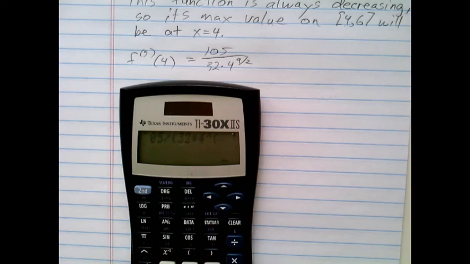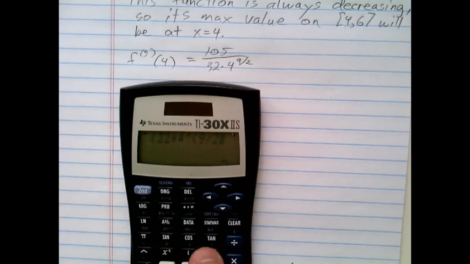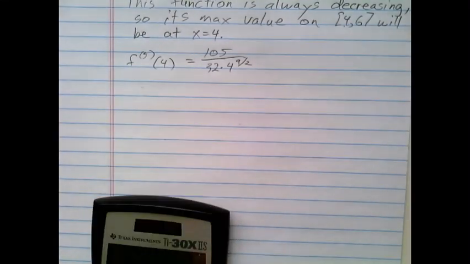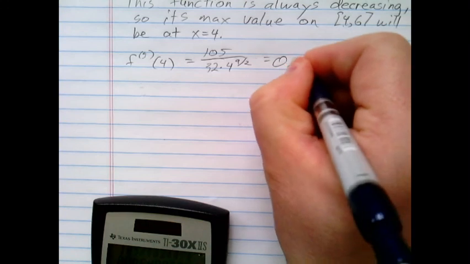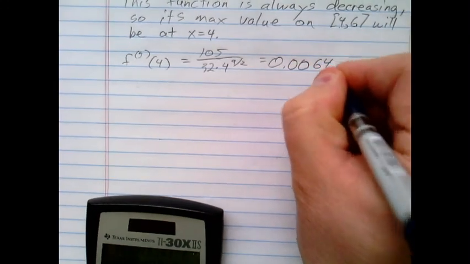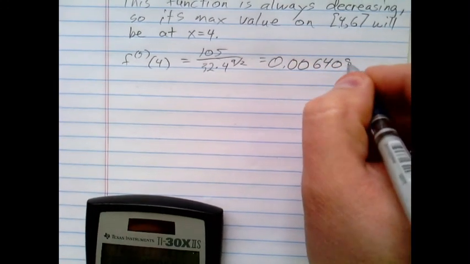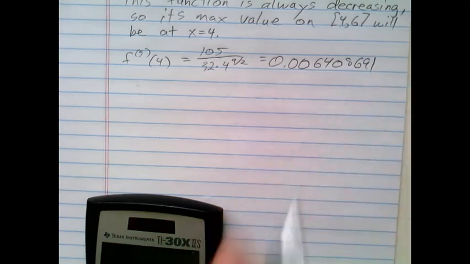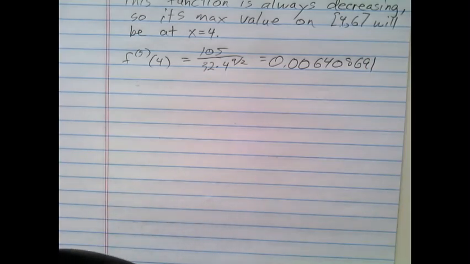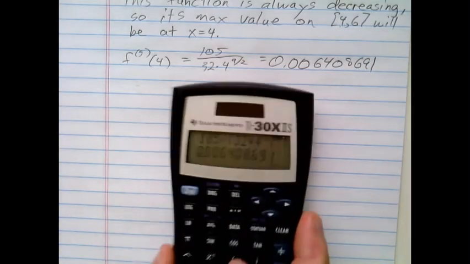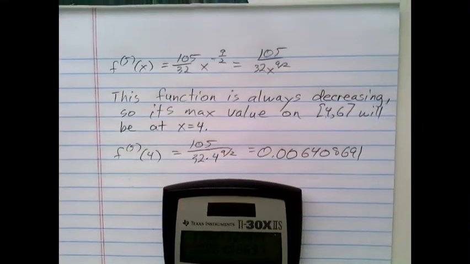I've got to put that whole denominator in parentheses, and the power in its own little set of parentheses. So close the power, close the denominator, and that is 0.06408691. Yeah, let me just write that down. There we go. That is our value.